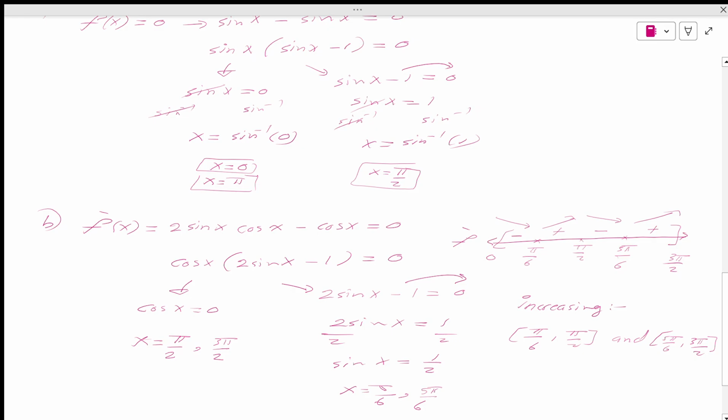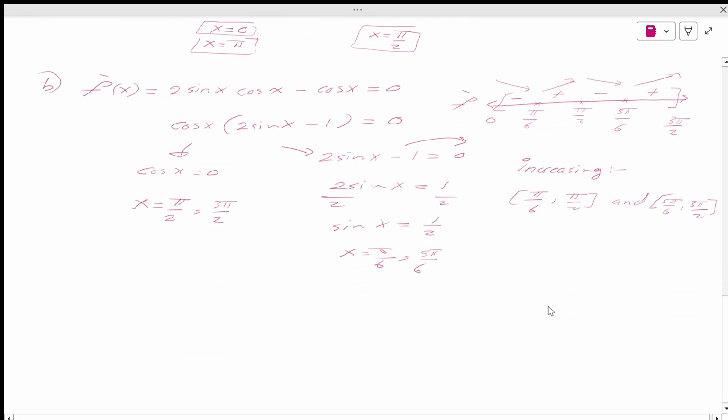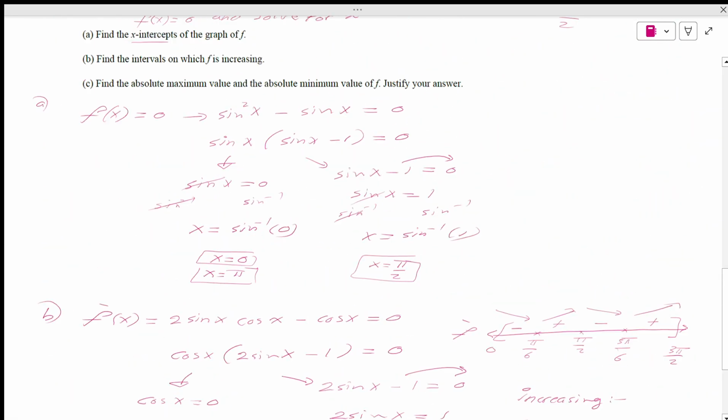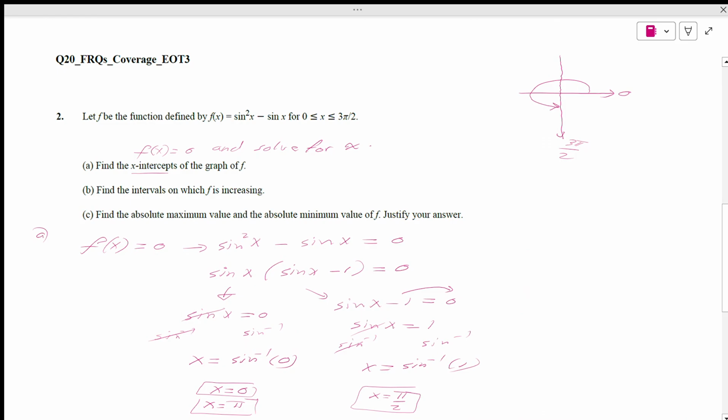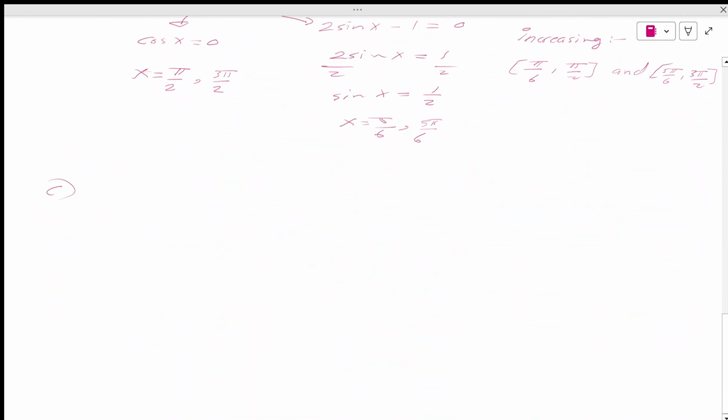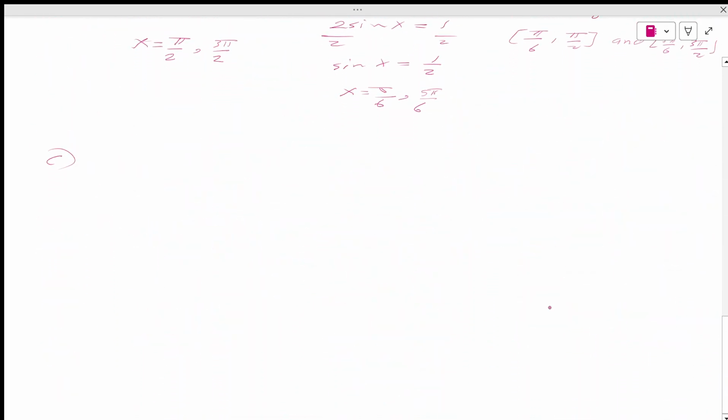This is part B. In part C, it says find the absolute maximum and absolute minimum for the function. So you have to apply the candidates test. You will list all the critical points and the endpoints.